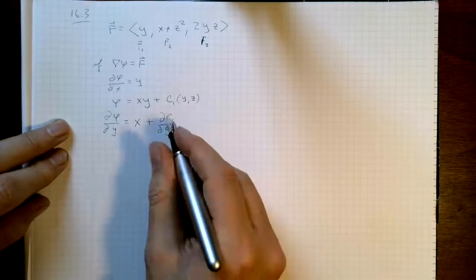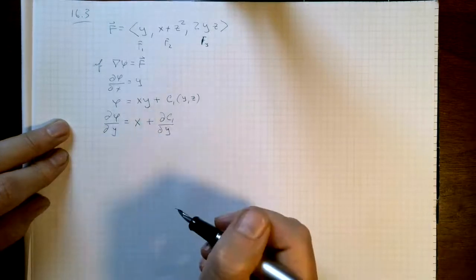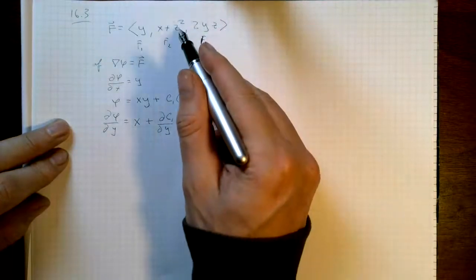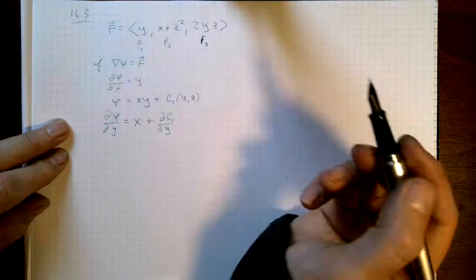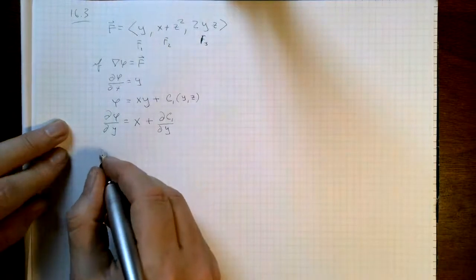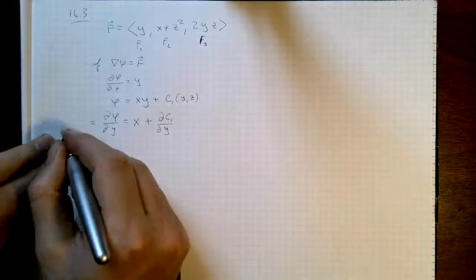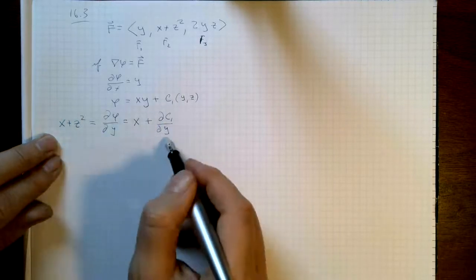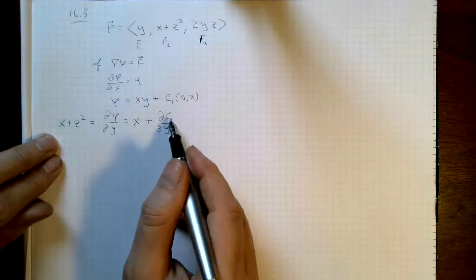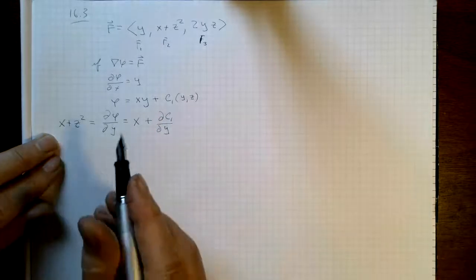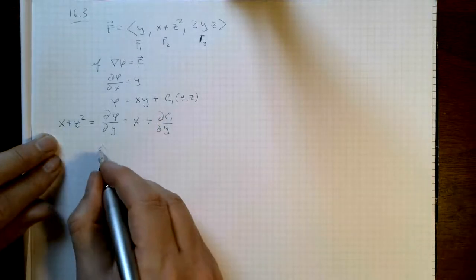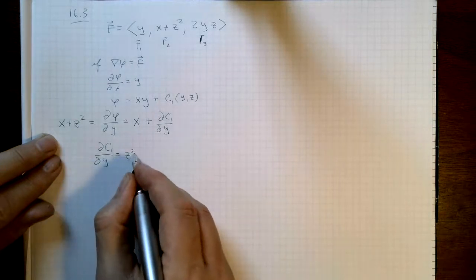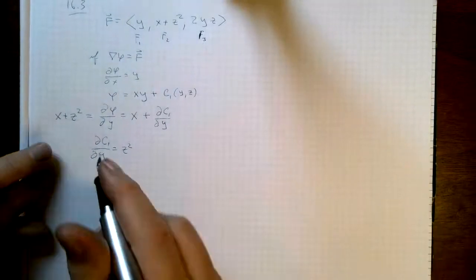Now we want that to be z squared, because this is supposed to be x plus z squared. So whatever c1 is, the y derivative had better be z squared.